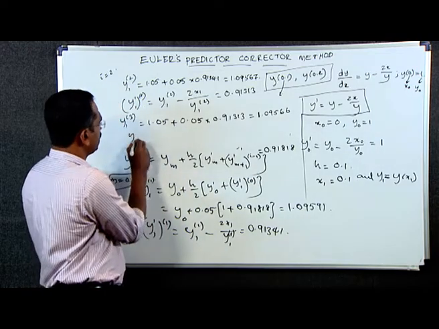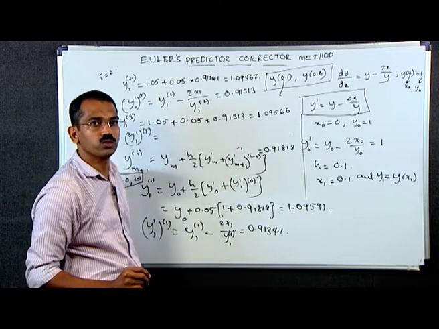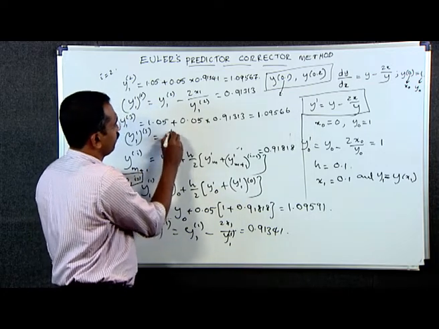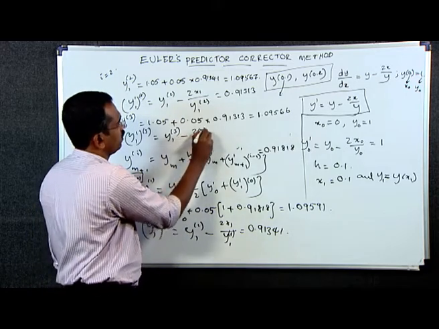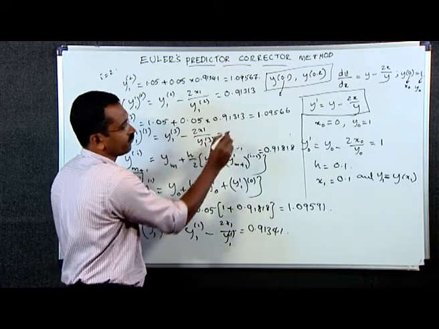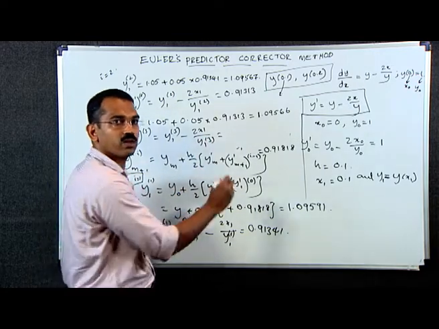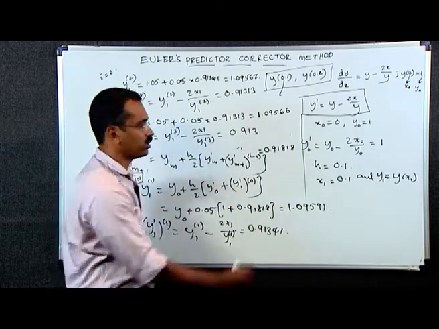And y1'(3), which is equal to y1(3) minus 2x1 divided by y1(3), which is equal to 0.91312.